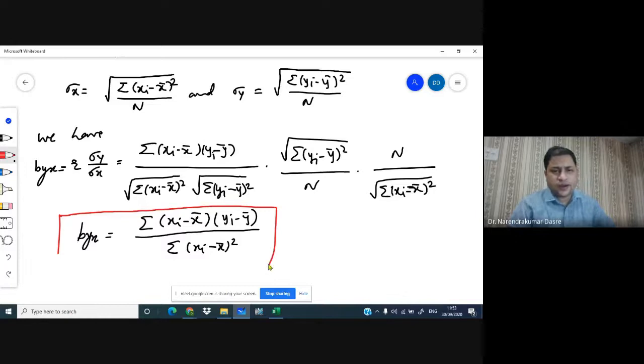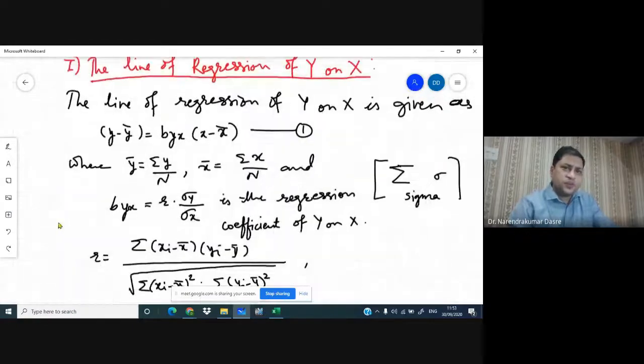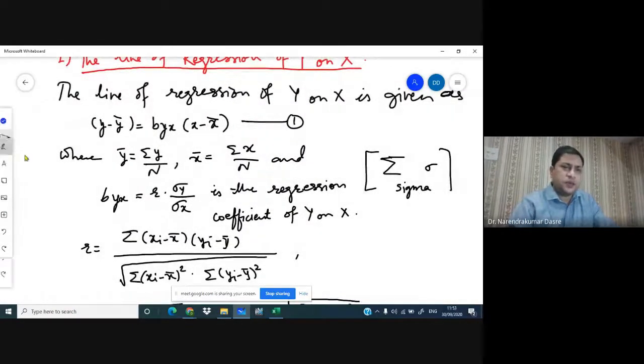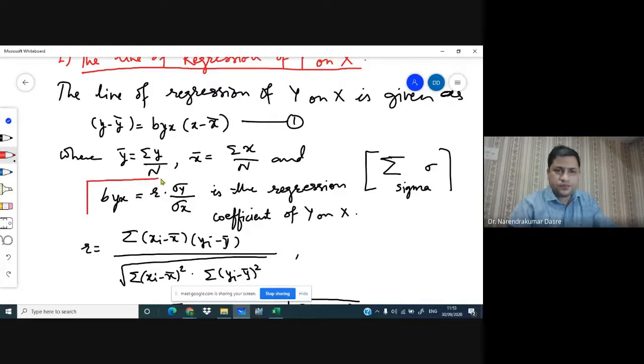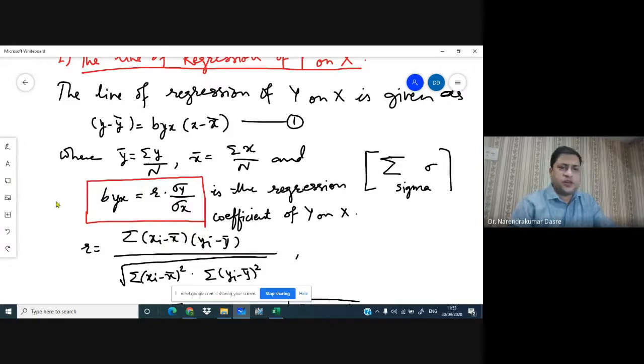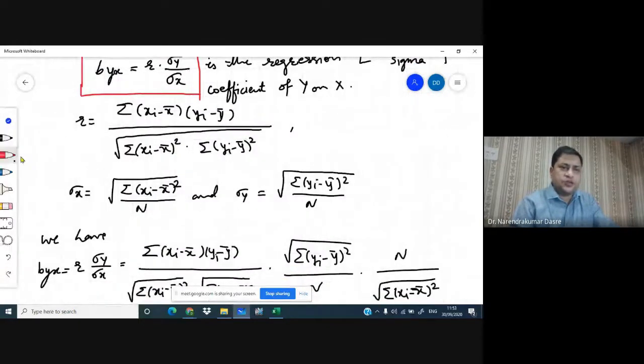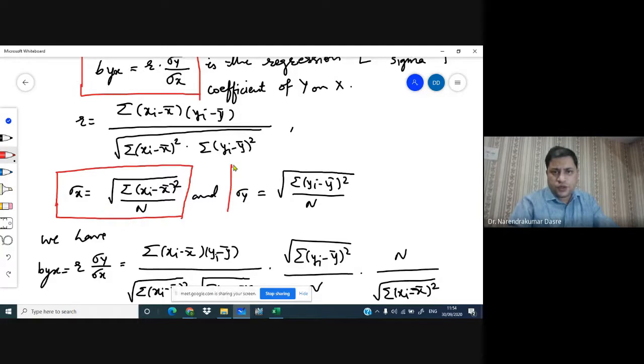So either you calculate byx by using this formula or you calculate byx by using this formula. Okay, so either of these you are able to use. These are the basic formulas.